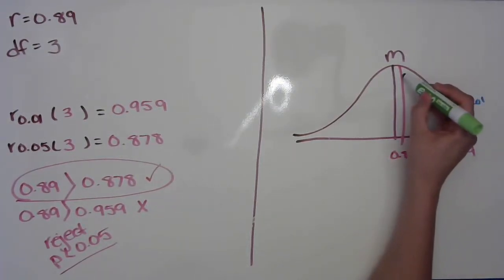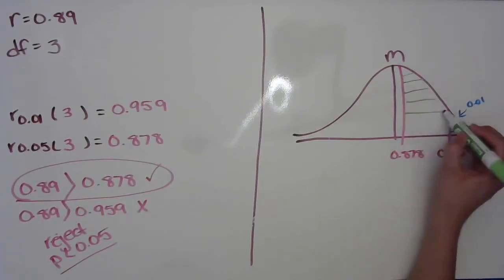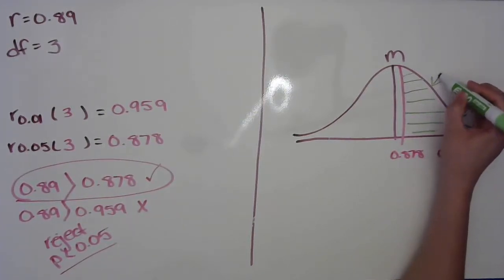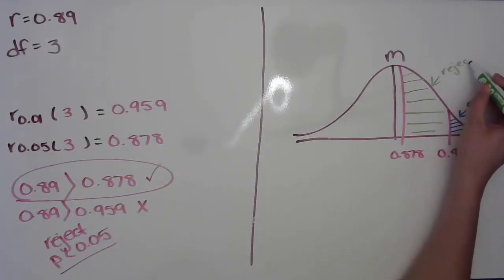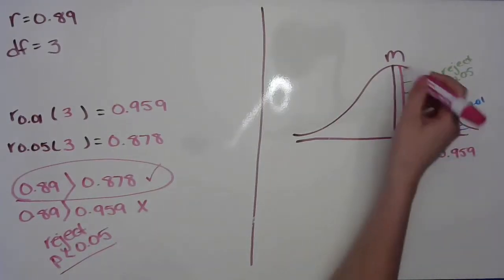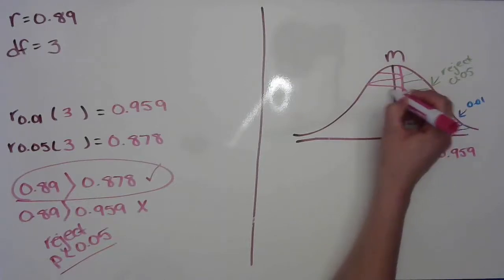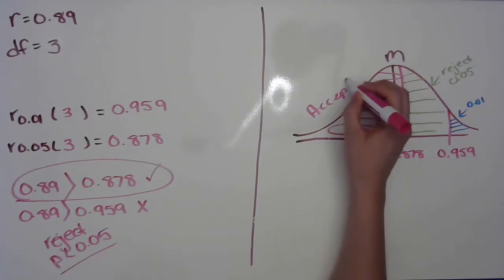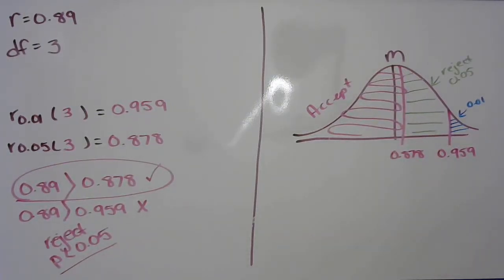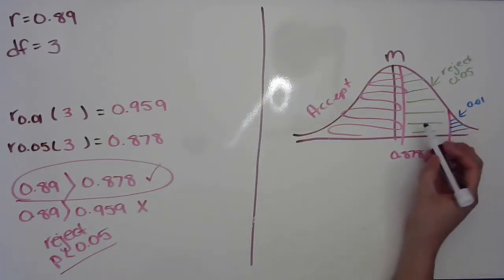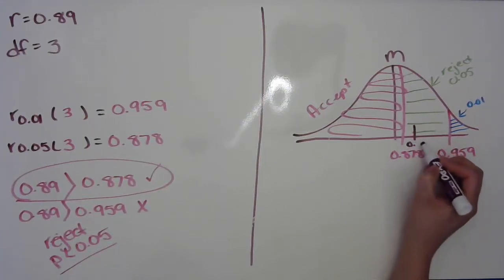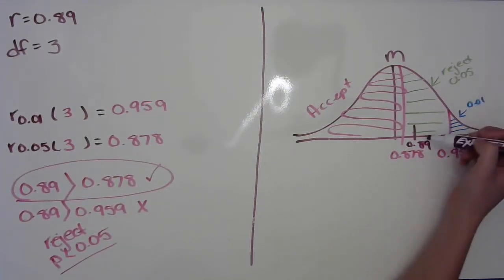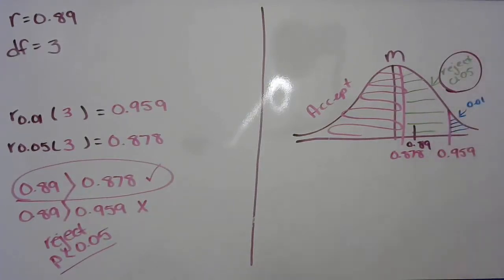Then this area here in green is going to be reject at 0.05. And then this area, all of this in the pink, all of that, that is accept. Okay, so now that we have that, let's go ahead and plot our R value, which was 0.89. So that's going to put it right here. 0.89. That is within the reject at 0.05 area.